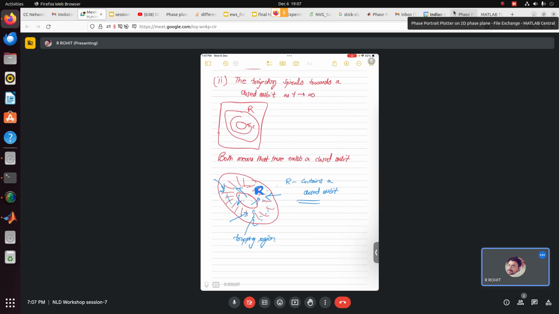So there are different examples in the textbook.